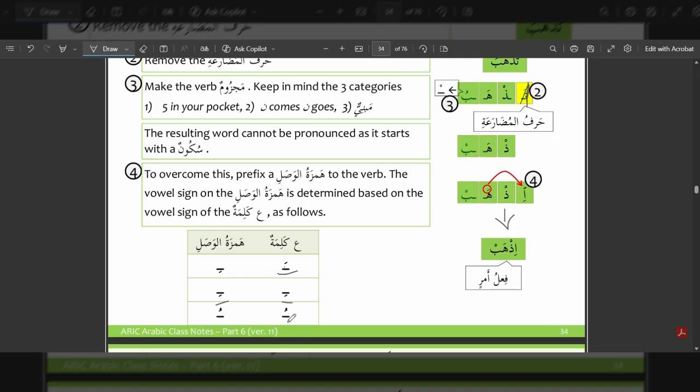And if the ain kalima is a dhamma, the hamzatul wasl will be a dhamma. So if the ain kalima is fatha or kasra, hamzatul wasl will be kasra. And if ain kalima is dhamma, hamzatul wasl will be dhamma as well. So here the ain kalima is a fatha, therefore the hamzatul wasl will get a kasra. So it becomes idhhab. So this is the fi'al al-amr, go.